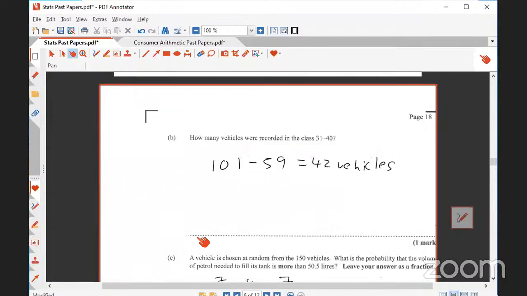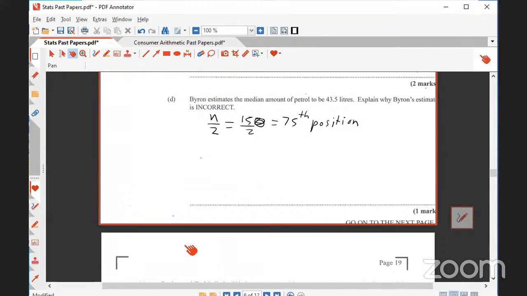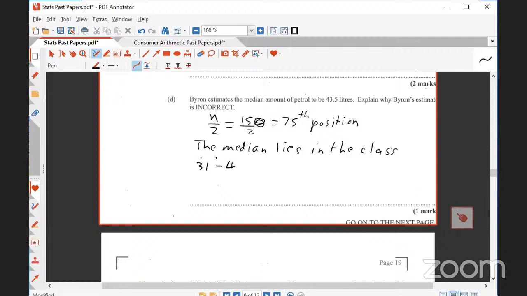So his estimate has to be wrong because the median lies in the class 31 to 40. And that is part D of the same question.